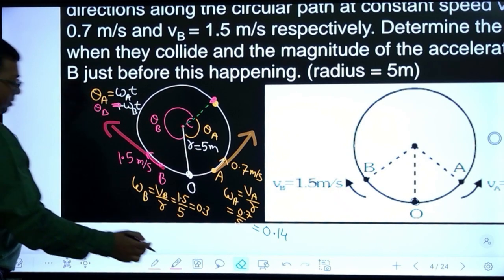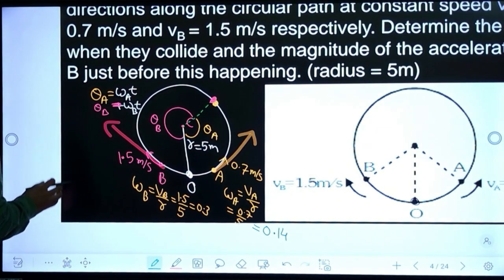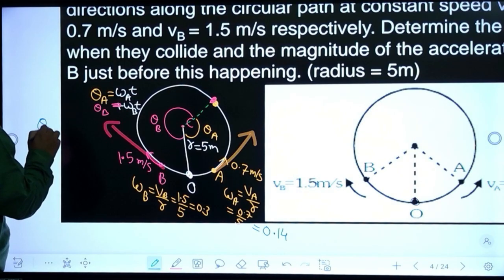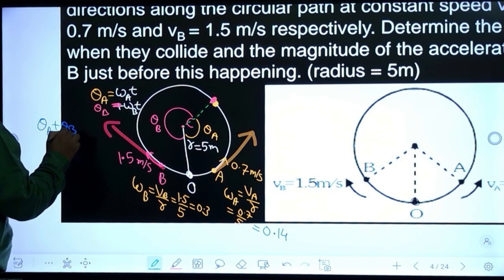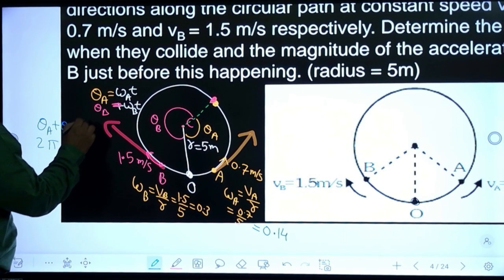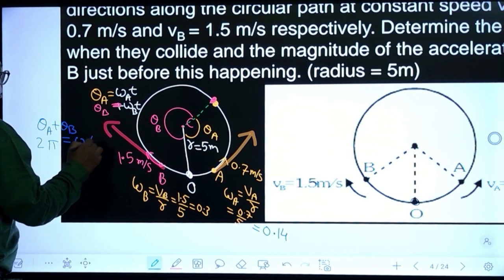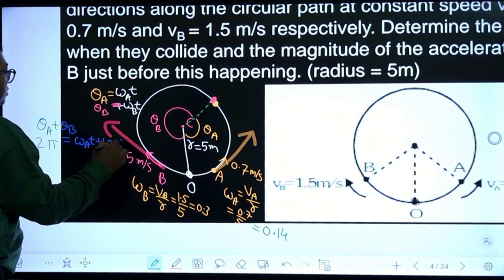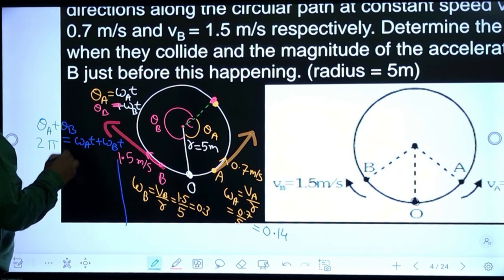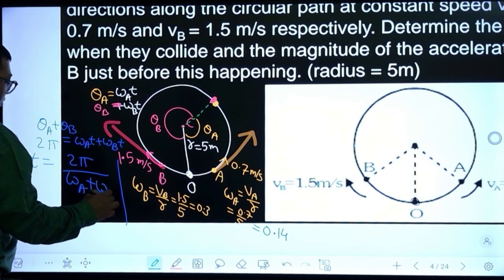Theta A plus theta B will be how much? This will be total 2 pi, we know that, and this theta A plus theta B will be omega A t plus omega B t. So time now you can solve, take time common and solve. So t equals 2 pi divided by omega A plus omega B.